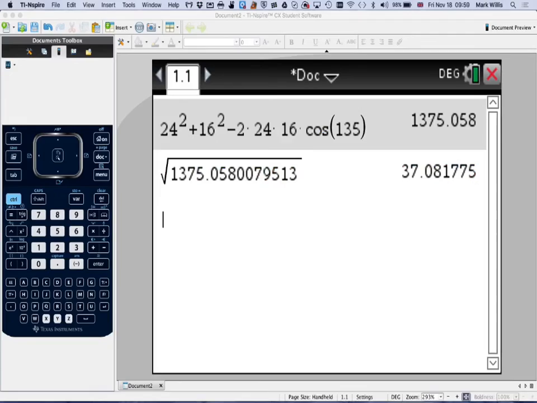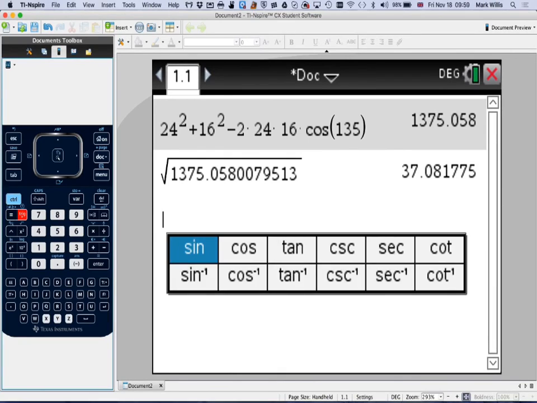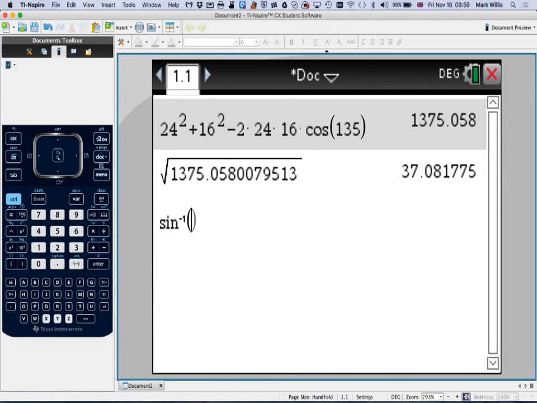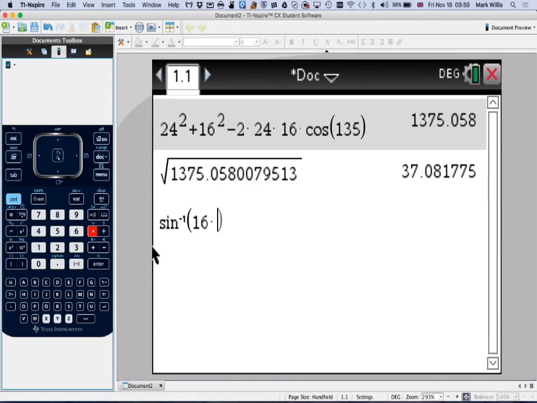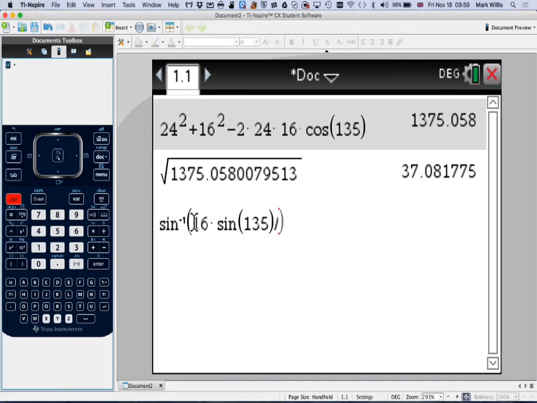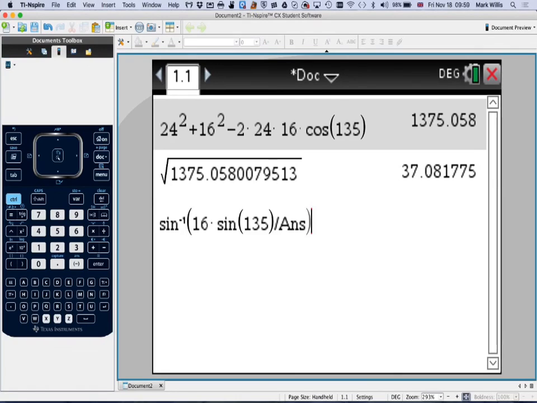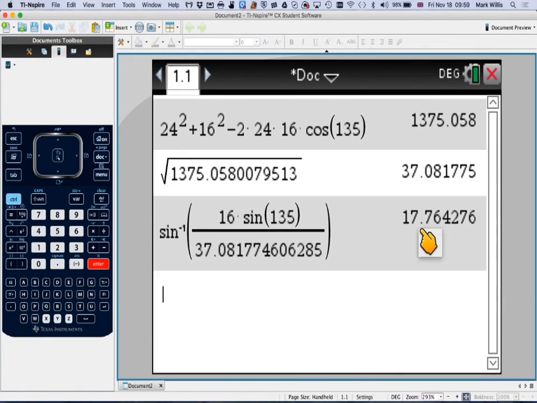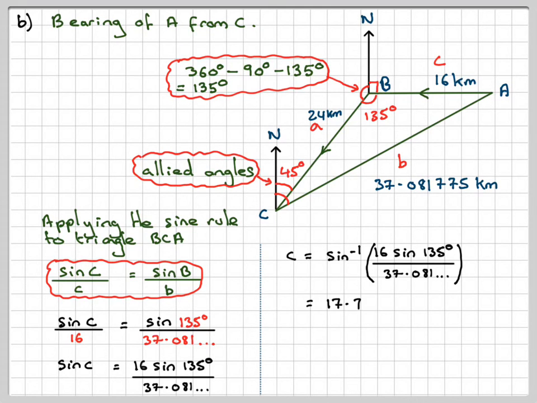So now hopping over to my calculator, and do the following: sine to the minus 1 of 16 times sine of 135, close the brackets, and then because I've got the value there from the previous part, all I need to do is control answer, press enter, and we get an angle of 17.7642.